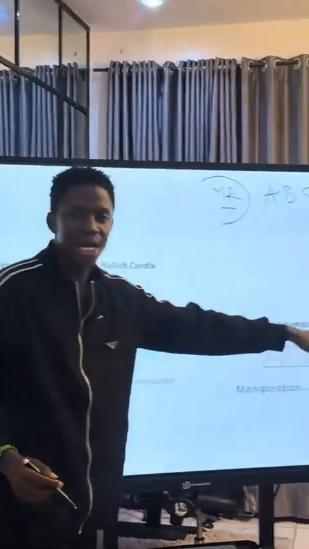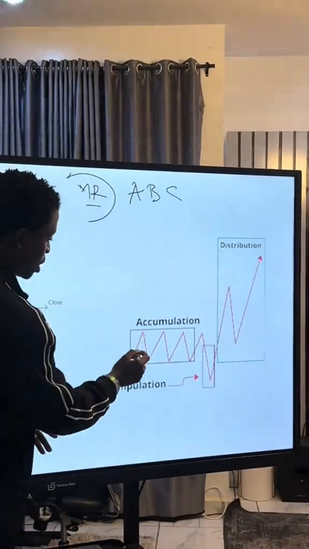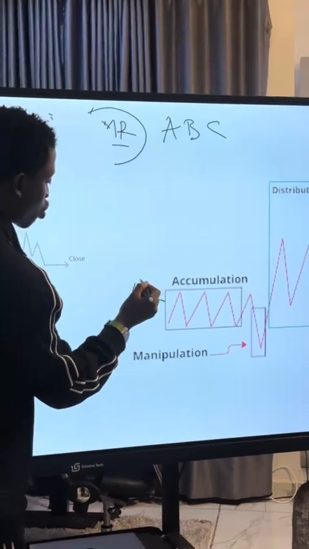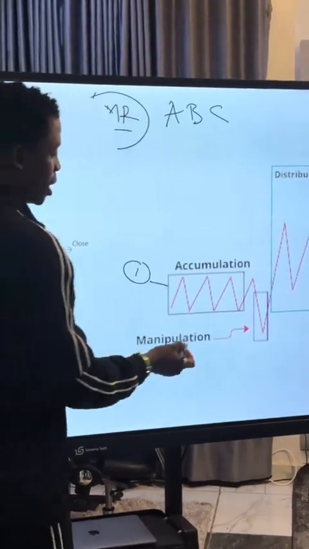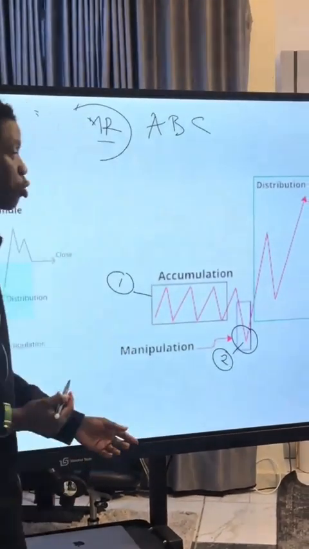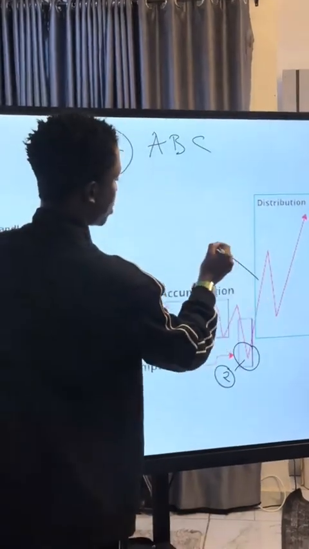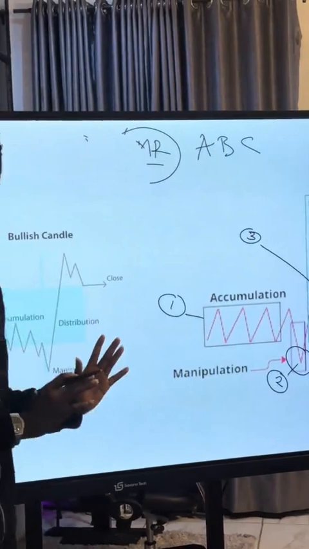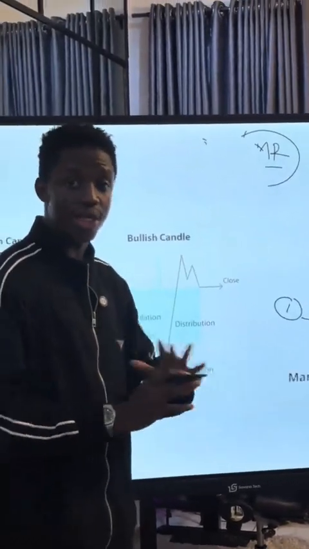So looking at this diagram, this is the first phase, 1, which is the accumulation of price, right? This is the second phase, 2, which is the manipulation of price. This is the third phase, 3. After getting this, you already get yourself a valid trading range.